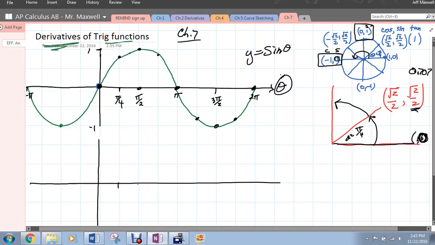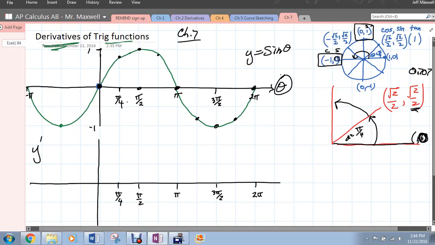Everything is going to be the same here, so we're going to use the same reference points. And for the derivative, so this is y, and this is going to be y prime, of sine of theta. We're going to graph it.